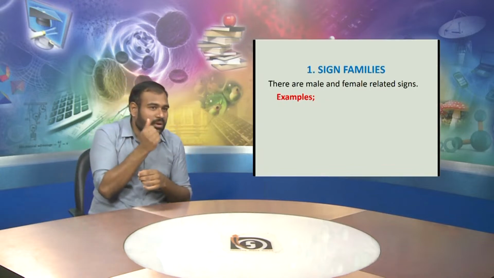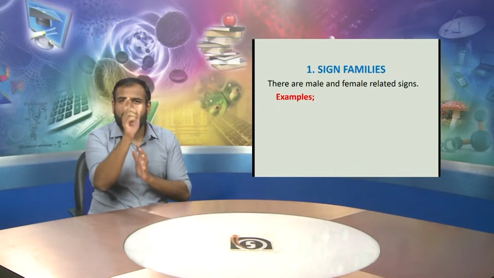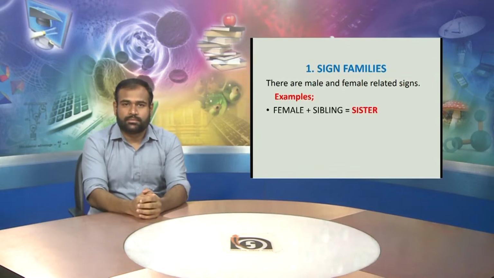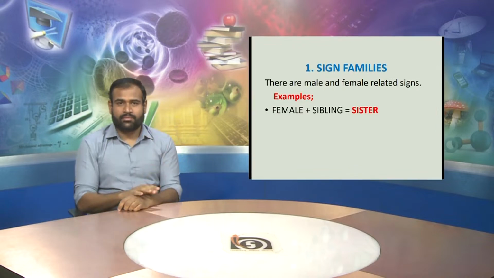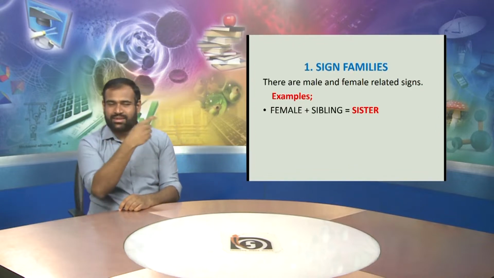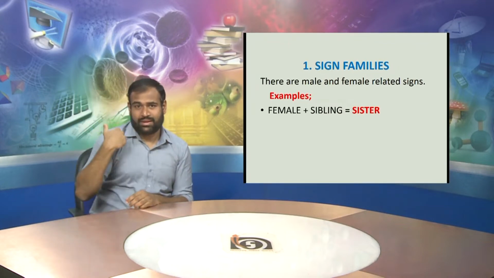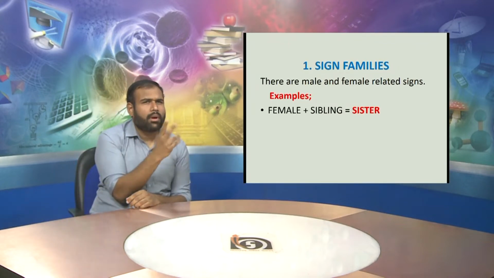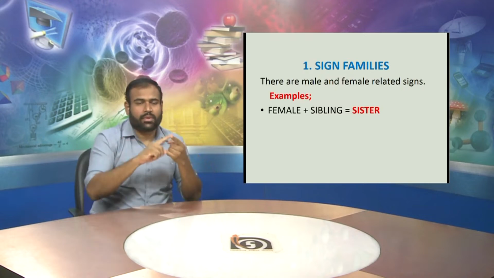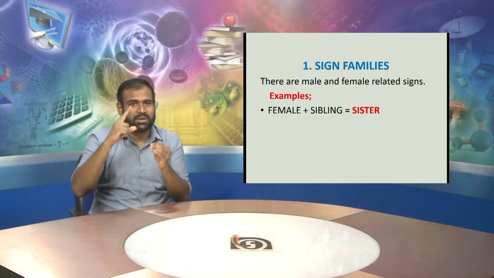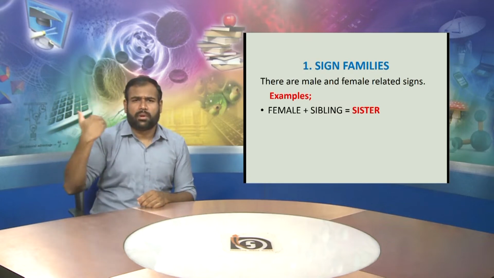The first one we saw was sign families. Now here you will see some examples. These are examples of male and female related signs. The example is female plus sibling is sister. Touching the nose is the sign for female. Then for sibling, we use this sign.